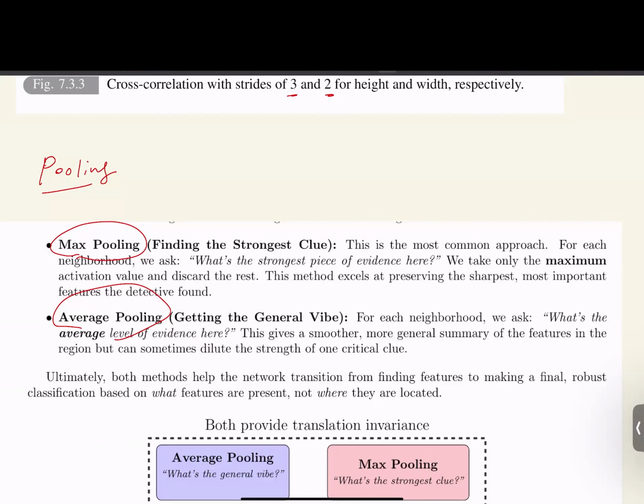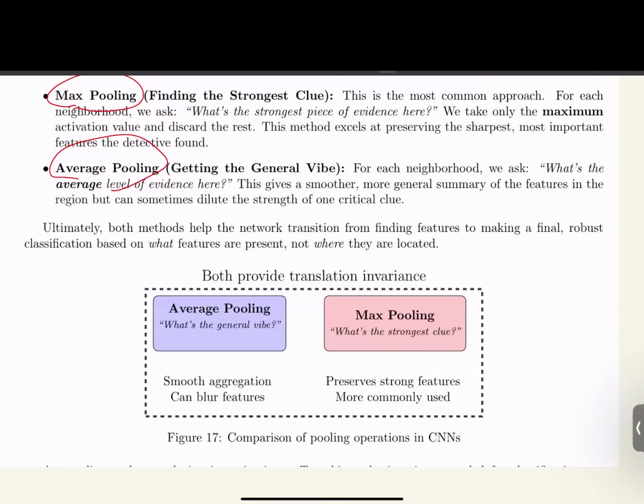But of course, both of these methods provide this translation invariance that is key for image data. So we are going to use all of these principles and tools in building our CNNs.